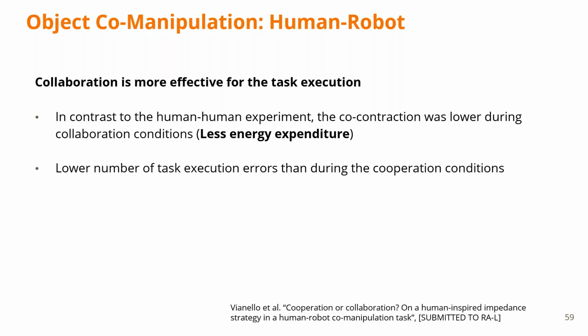In any case, we verified in this human-robot experiment that the conditions with a strategy without pre-assigned leaders were also more efficient for the task. This is something that we were able to propose because of the human motor behavior study.